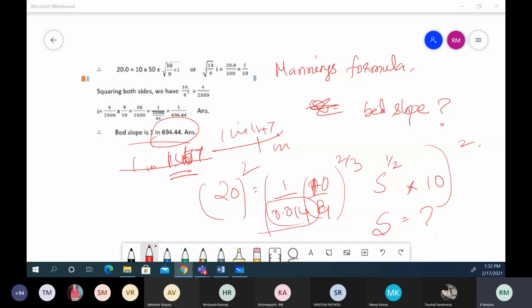So in any of the sections, you can choose either Manning's or Chezy's, depending upon the data given, or both can be used. If no data is given, you can make use of any of the formula. Okay. We'll see one problem in trapezoidal section.